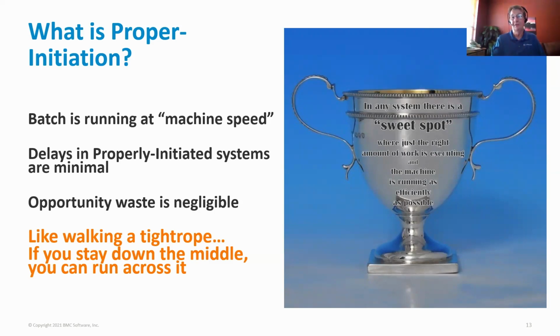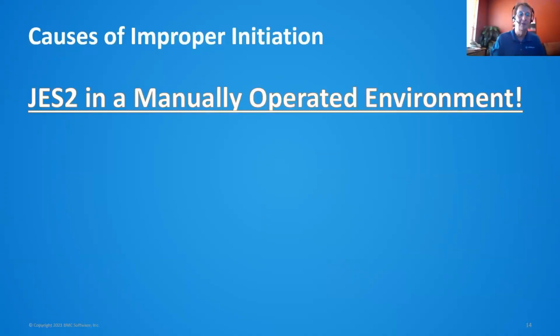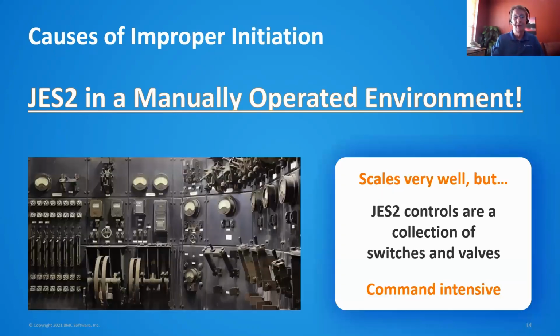So, there's a lot of causes of improper initiation. Let's talk about those. The first one, foremost one, by and large, JES2 is a manually operated environment. There's little things that kind of work automatically, but that's not automated. And the controls are not the best. I mean, JES2, don't get me wrong, it scales extremely well for what it does, particularly on the output side, collecting output lines from jobs as they run, as many as can run as fast as they can run.